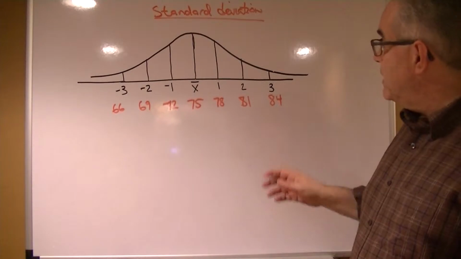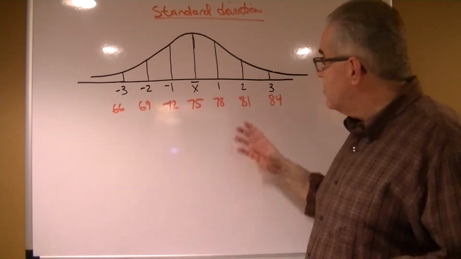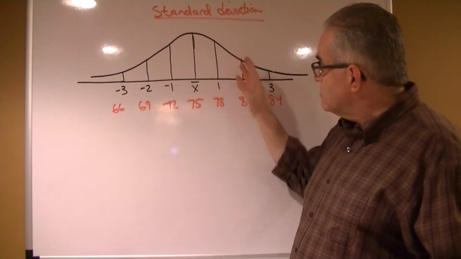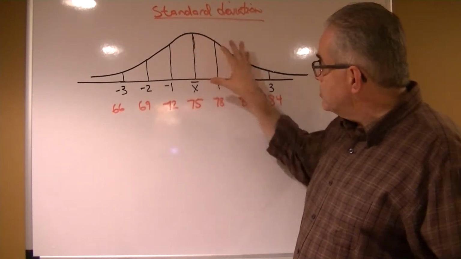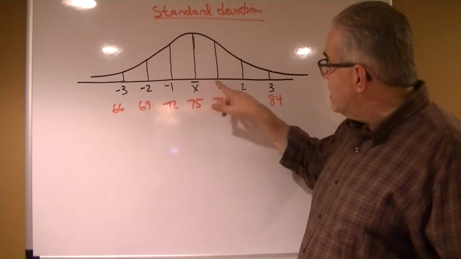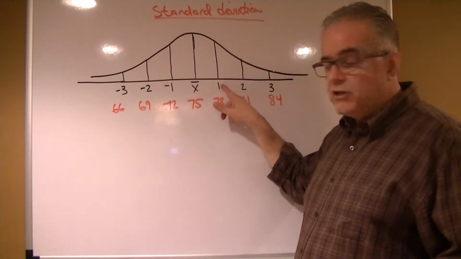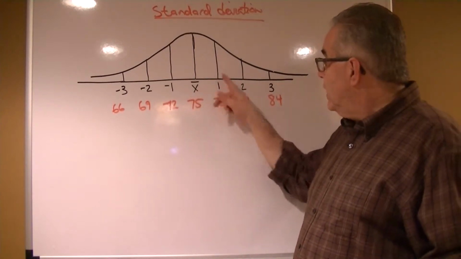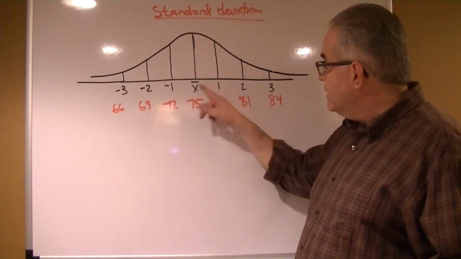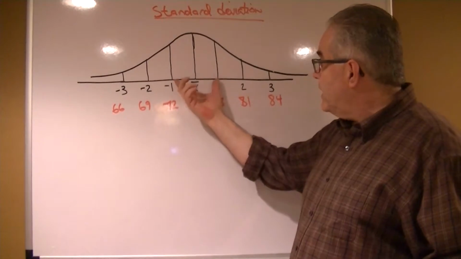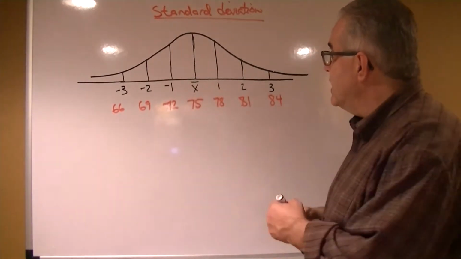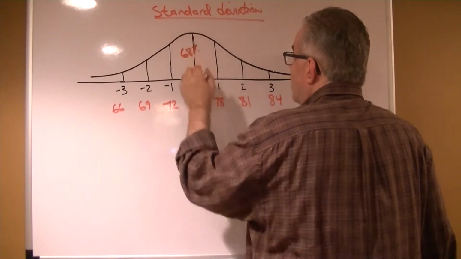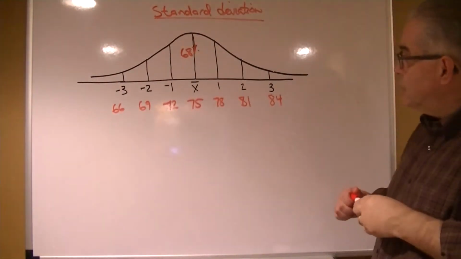What's notable about the standard deviation on this particular distribution is that one standard deviation away from the mean, where the mean is the middle one, x bar, with this number 1 to the right and -1 to the left, holds 68% of the values in the distribution.